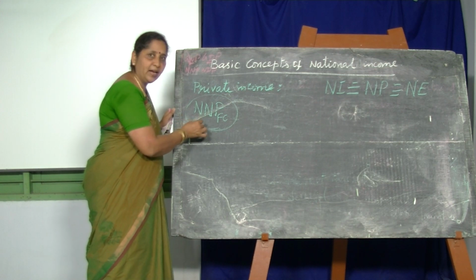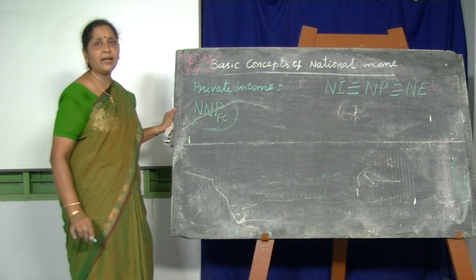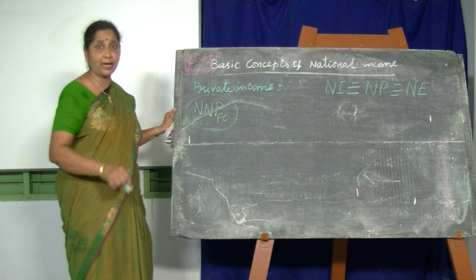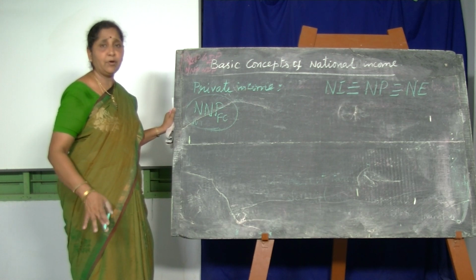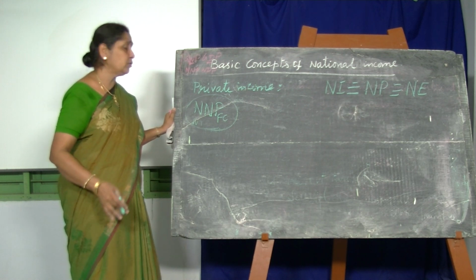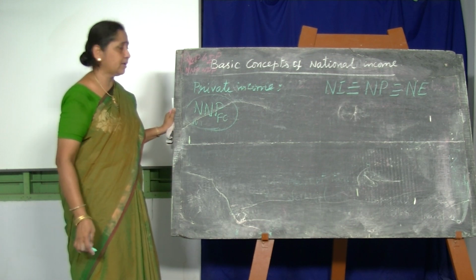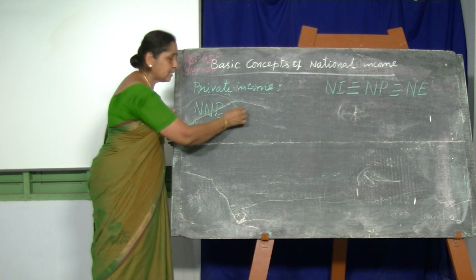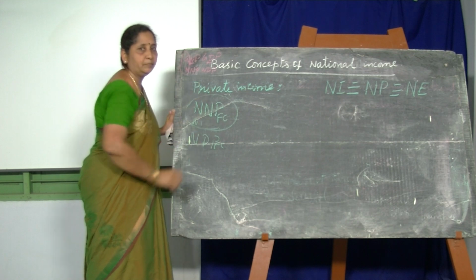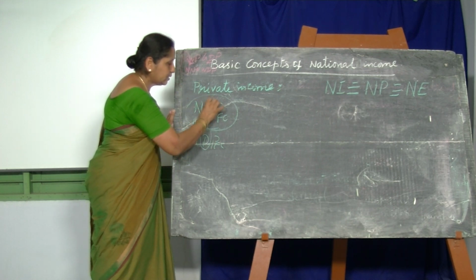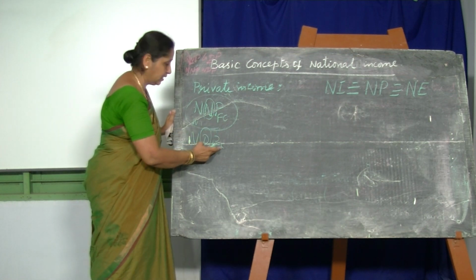It is the NNP at factor cost that denotes the national income, net national product at factor cost, because I already told you factor cost represents the income of the factors of production, the rewards or the remuneration that is given to the factors of production, isn't it? That way it comes under the cost, factor cost. So NNP at factor cost is national income, and NDP at factor cost is domestic income, because this is national product and this is domestic product. And factor cost means income.